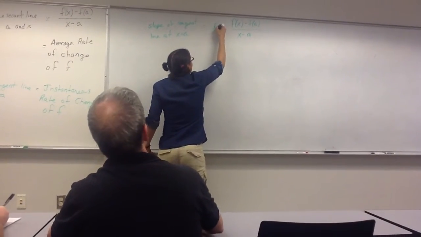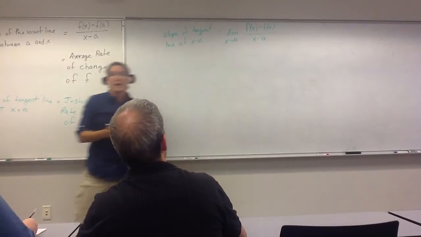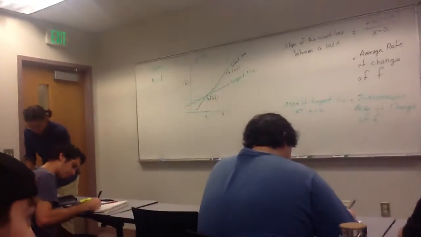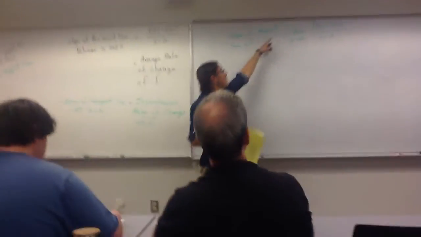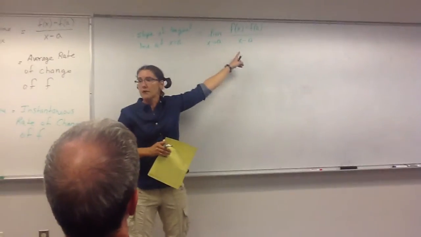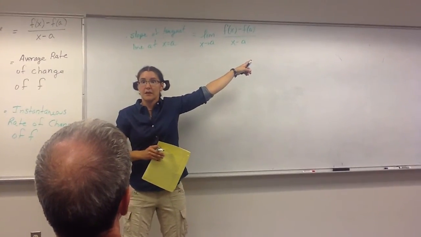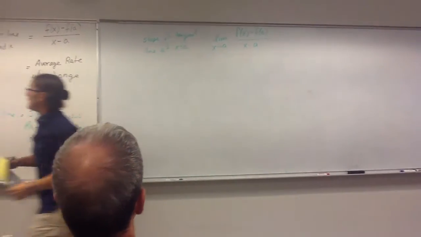And I want that x point to get as close to a as I possibly can. And so I throw a limit in front. And so this expression, the limit as x approaches a of f of x minus f of a over x minus a, describes the slope of our tangent line at the point a comma f of a.